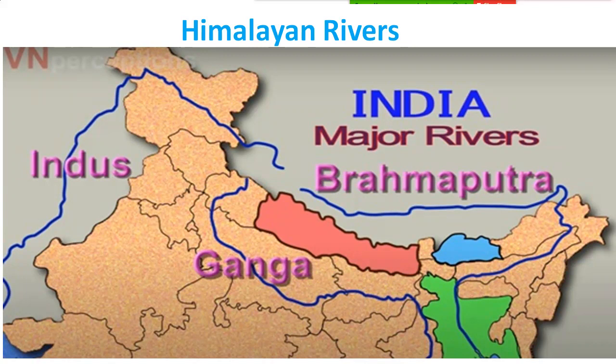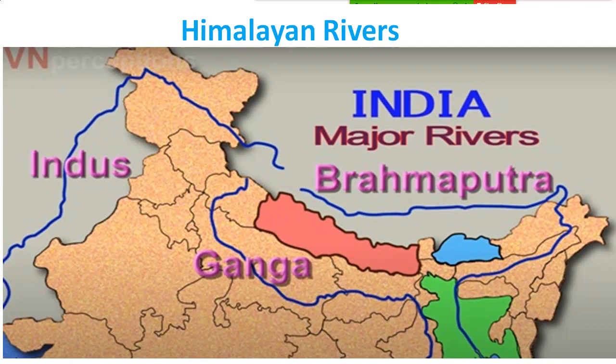Most of these rivers flow parallel to each other. The Satluj, which originates near Lake Mansarovar in Tibet, flows through Punjab and then flows westward into Pakistan and then meets the Arabian Sea.